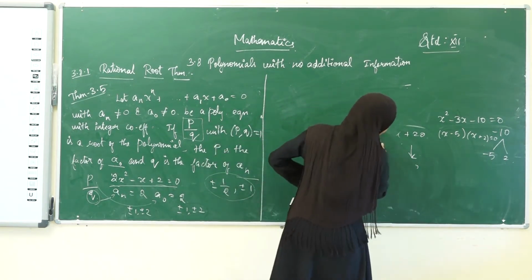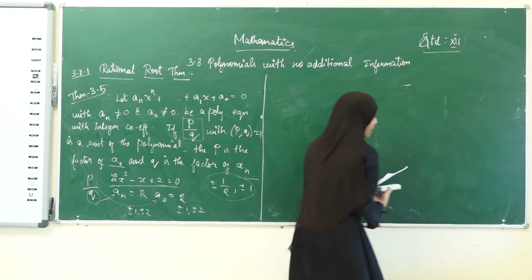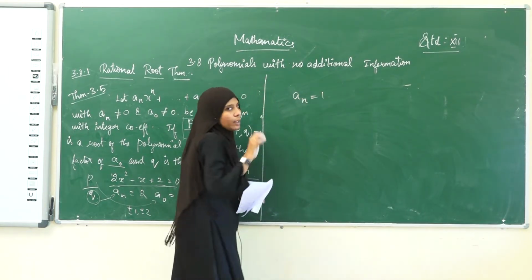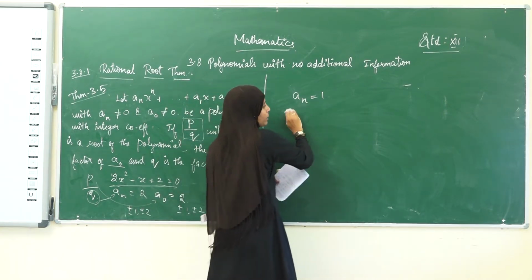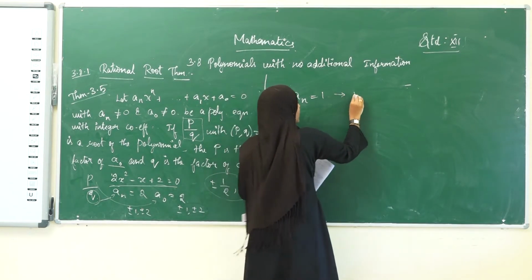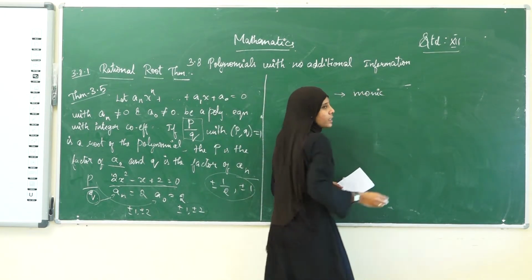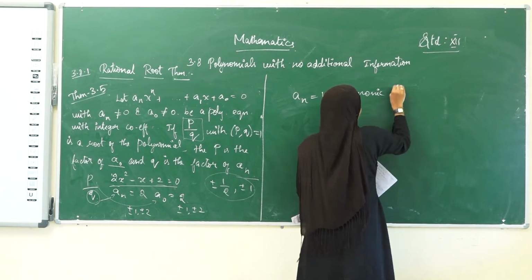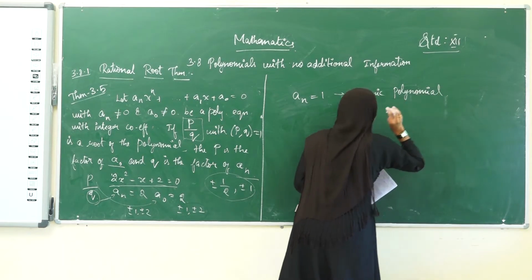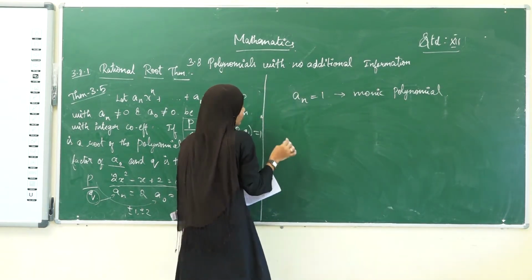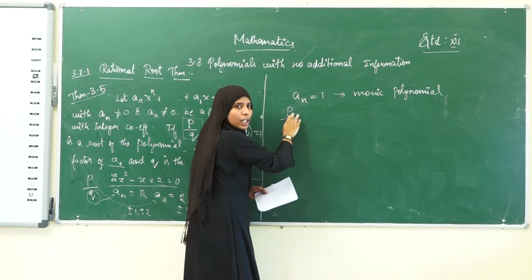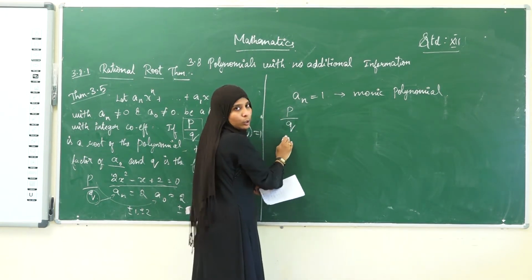Okay. So now there is a condition. What is a_n? a_n is the leading coefficient term. Suppose a_n is equal to 1. In this condition, what is the meaning of this? When the leading coefficient is 1, the polynomial is a monic polynomial. We have studied this in the previous classes. In this case, by the rational root theorem, there will be a root p divided by q, where p is a factor of the constant term and q is a factor of a_n.